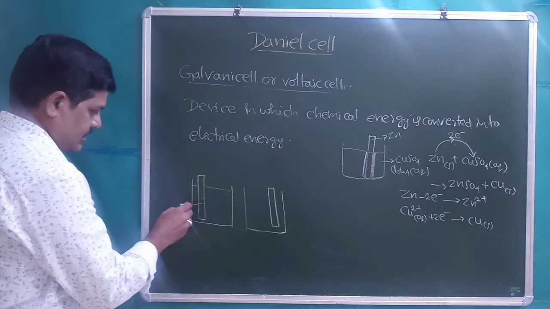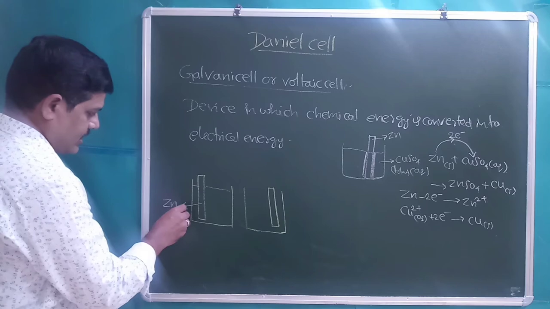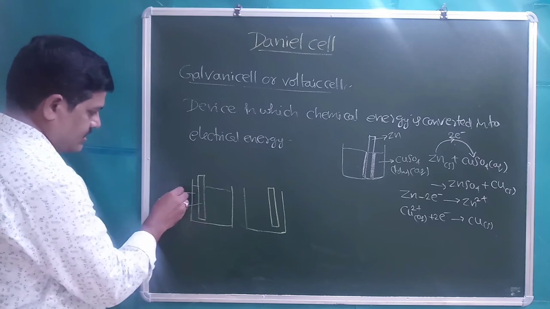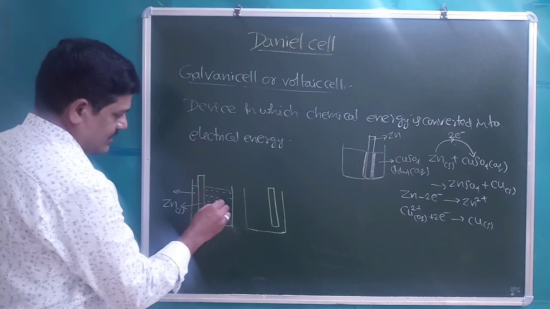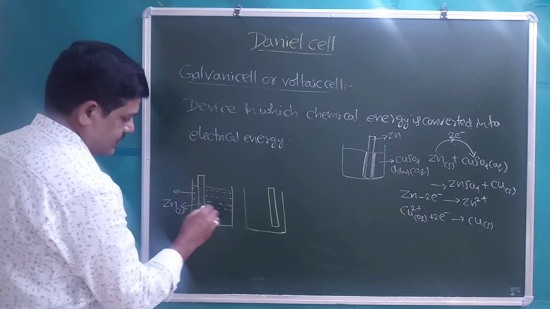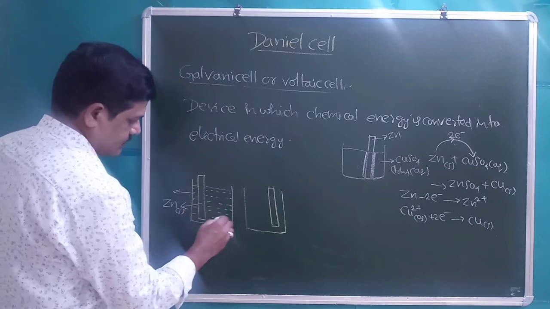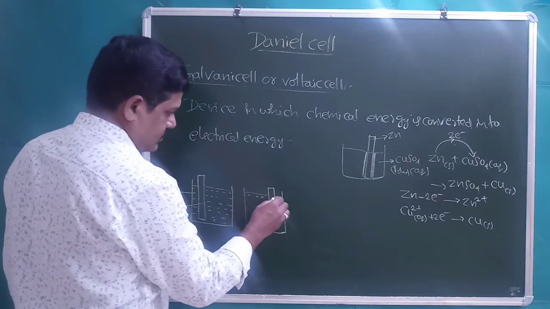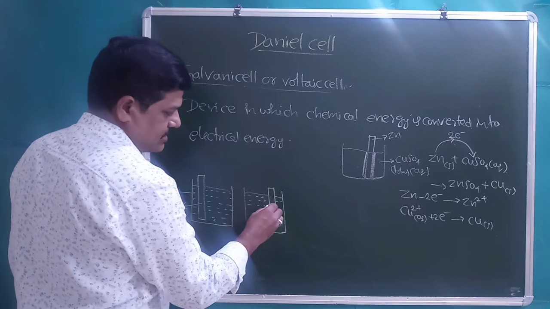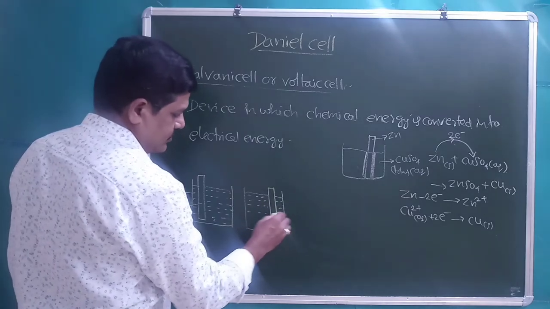This is zinc rod, zinc solid is immersed in the solution which contains Zn2 plus ions, zinc sulfate solution, and on the right hand side, copper rod is immersed in the copper sulfate solution.